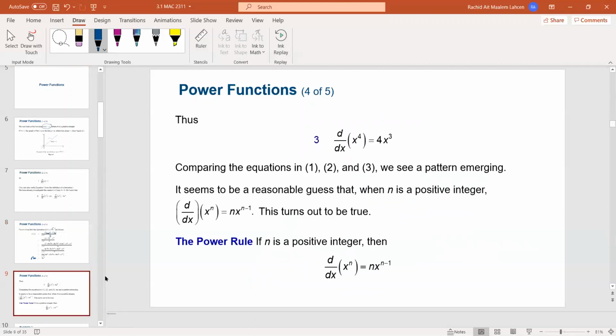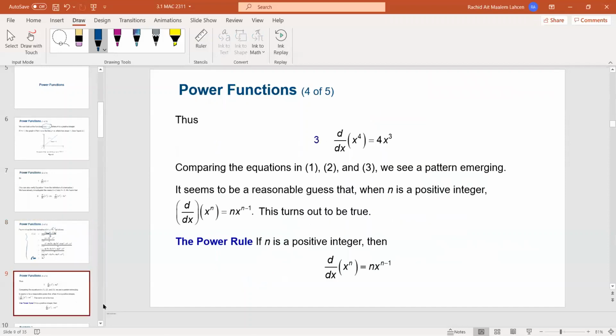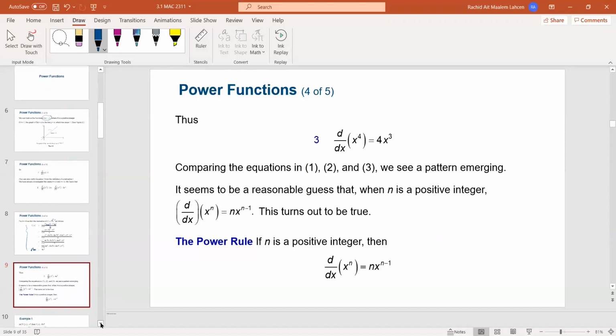And then we'll see a few other details later on. So the power rule is a new formula that will take over all this process, right? If we have a function in which we can apply this power rule, it's just going to be n times x to the power n minus 1.